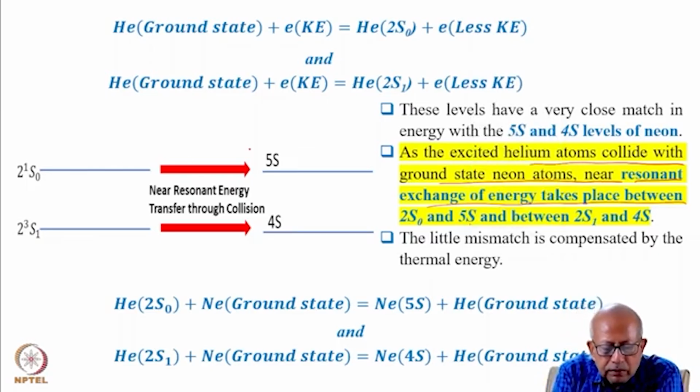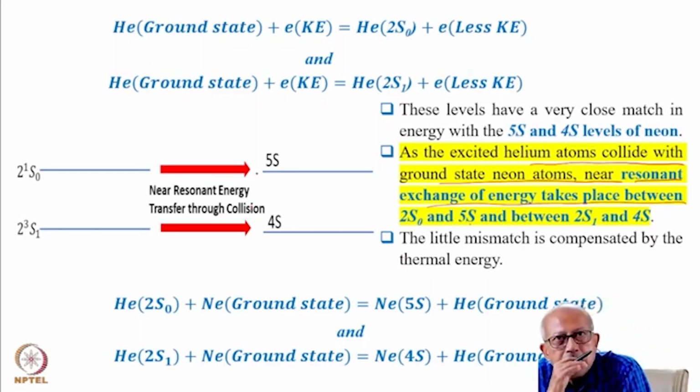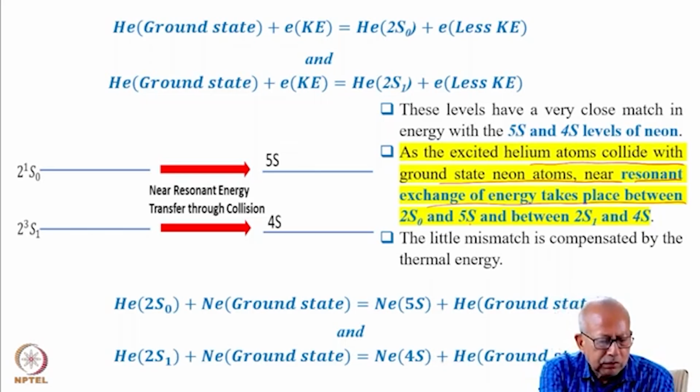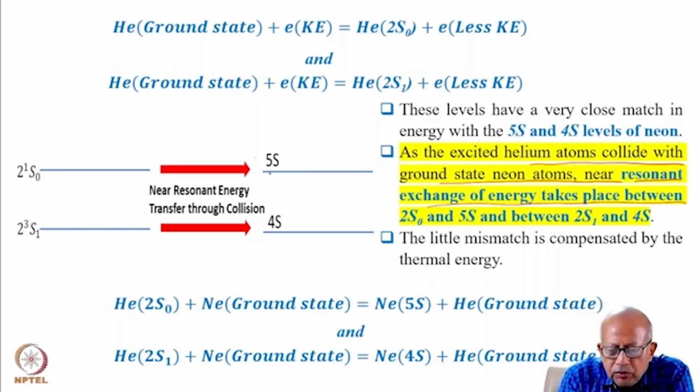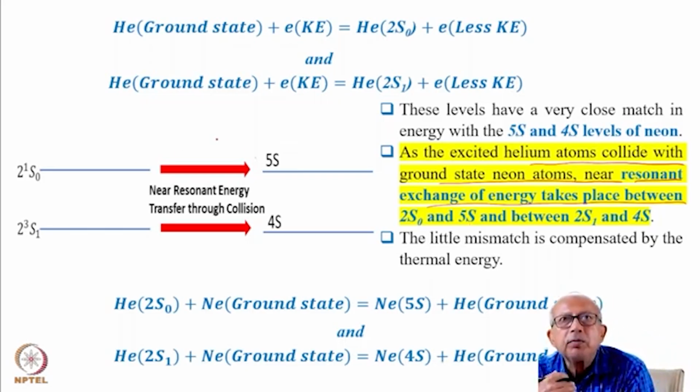The cross-section of such collisions is very, very high because the energy of these two states is nearly equal. The slight mismatch of energy between these two will be compensated by thermal energy that is always present in a gas at finite temperature. The thermal energy is omnipresent except when the gas is at absolute zero.